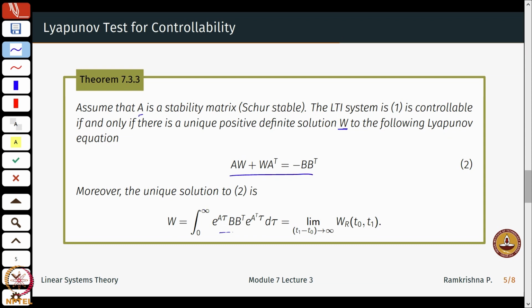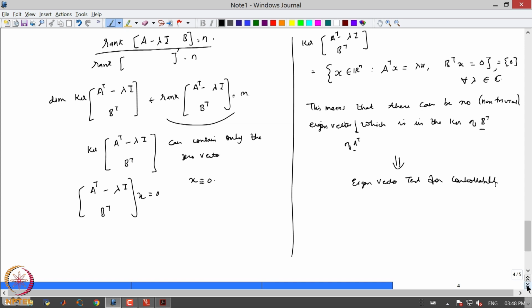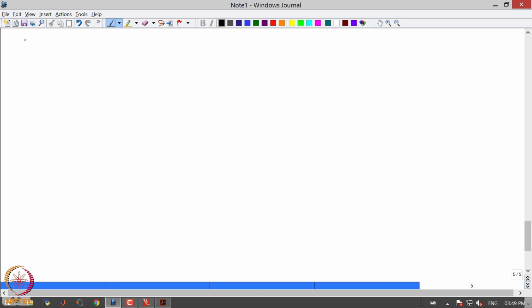What is the assumption? We know that A is stable. Then if A is stable, we show that controllability is equivalent to finding a solution for this equation. If I can find a positive definite solution W for this equation, this amounts to controllability. So, these are the two things that we need to show. First, we start with this equation, A W plus W A transpose equals minus B B transpose, and show that it implies controllability. Again, we use the eigenvector test.